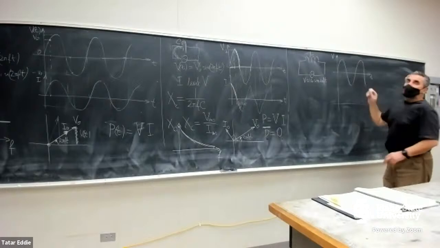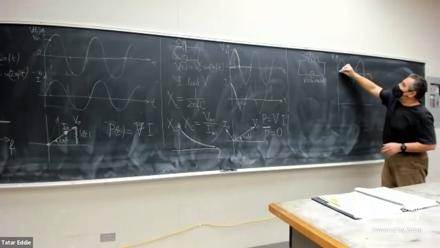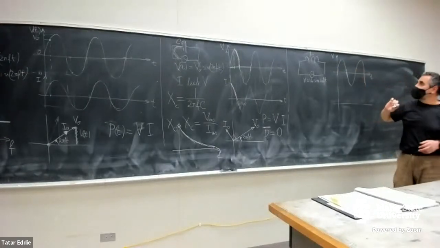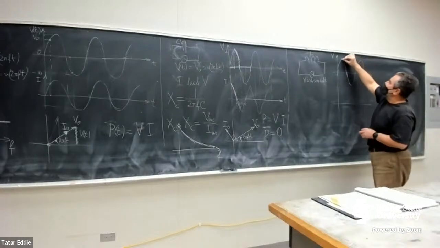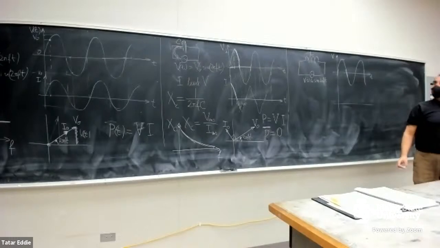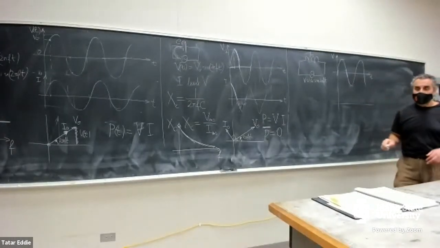However, notice that the sine function changes very fast when it goes close to 0 and changes very slowly when it is going through the maximum or through the minimum.